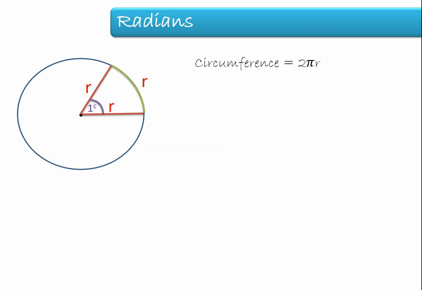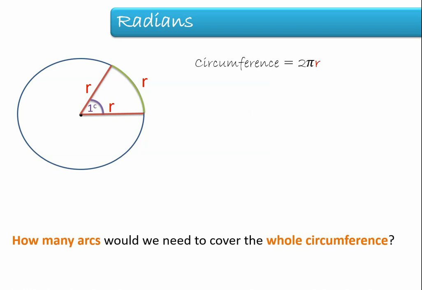So circumference, you should know as a formula, is 2 pi r. Pi d is what is most commonly used these days. When I was a kid, it was all 2 pi r. And it's useful, this one, because it links to radians really nicely. So the whole circumference is 2 pi times the radius, right? That's what that formula says.